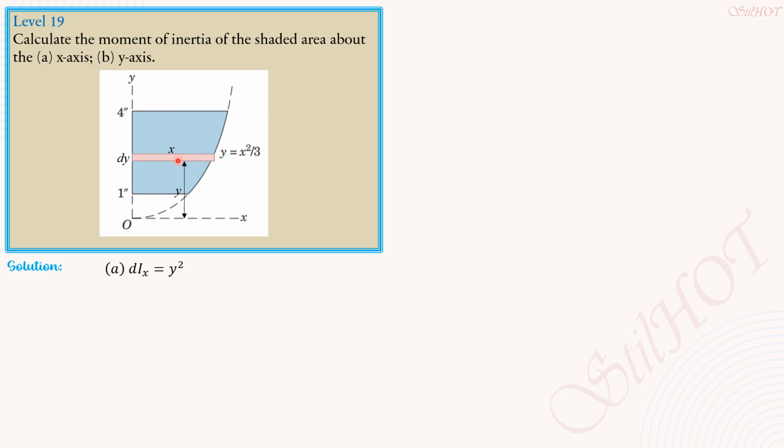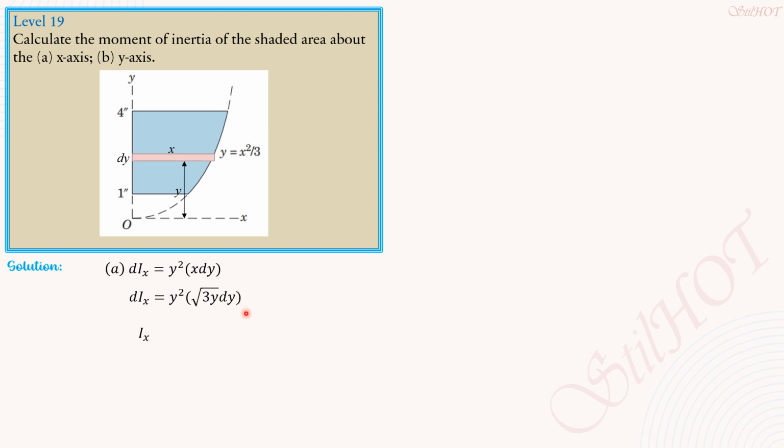So differential Ix equals y squared, then x dy. So x, by the way, from this equation is square root of 3y. So differential Ix is y squared times quantity square root of 3y, then dy.